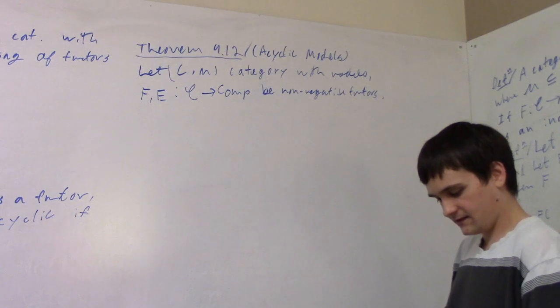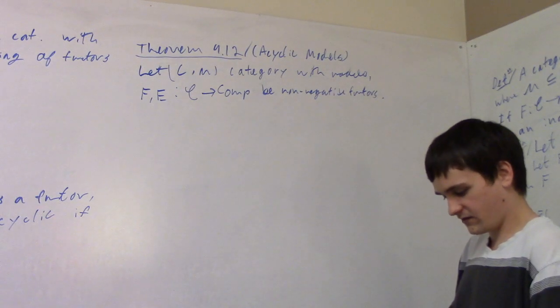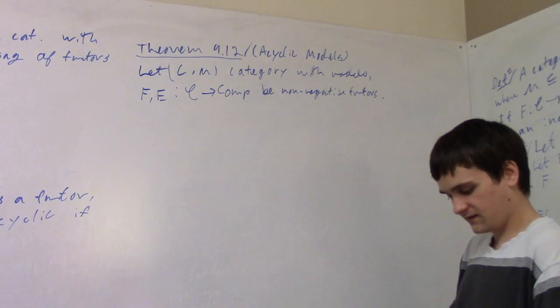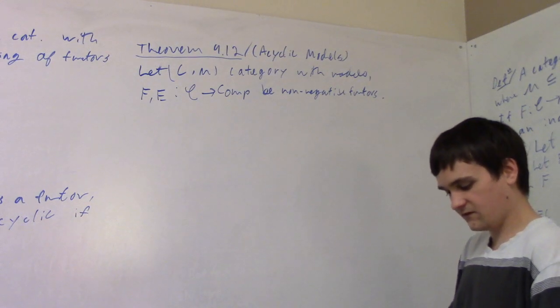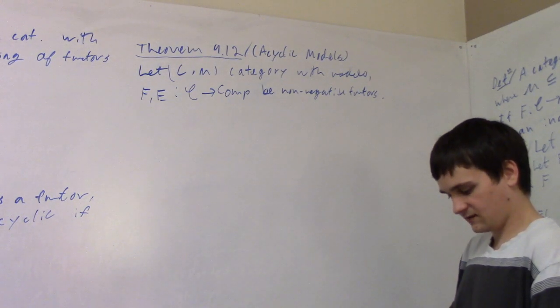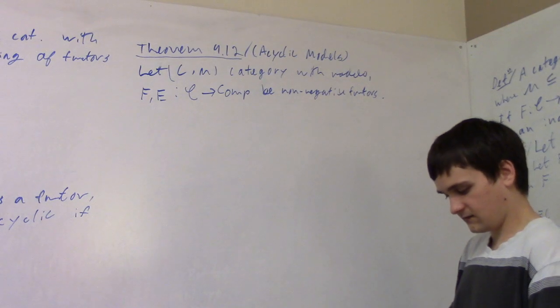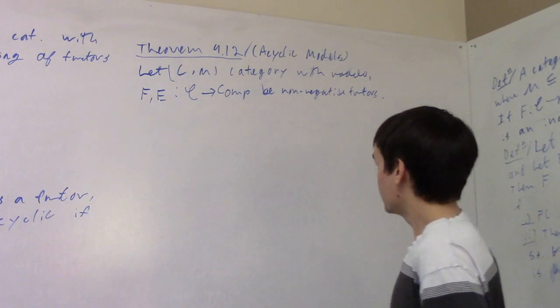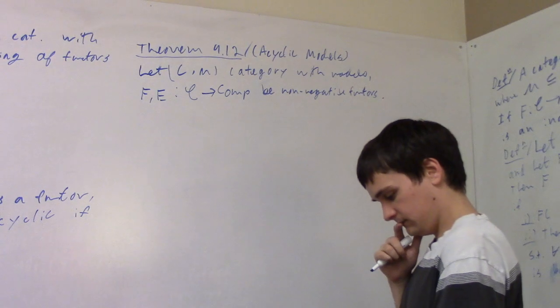Let's see, I think they define that in the paragraph above. Of course, if E from C to Comp is a functor, then Hn of EC is defined for every object. Moreover, E is non-negative, that is E sub i equals 0 for i less than 0. So that's what they mean by that.